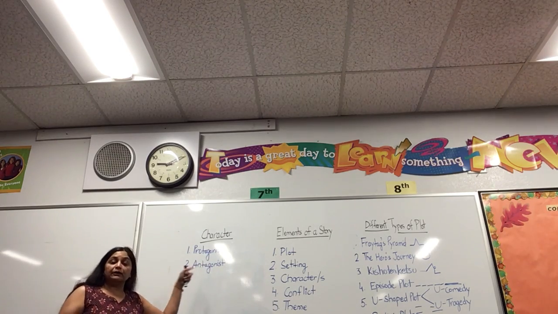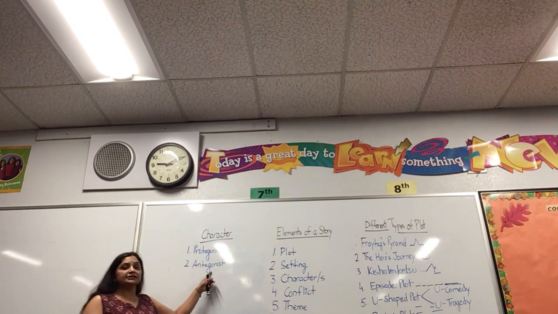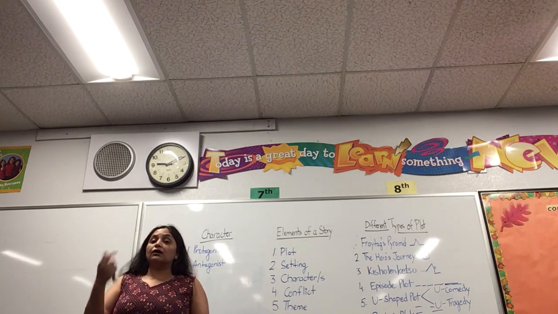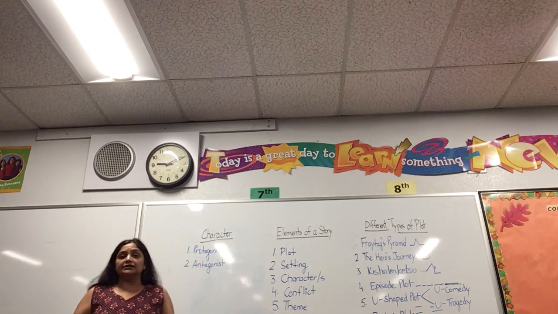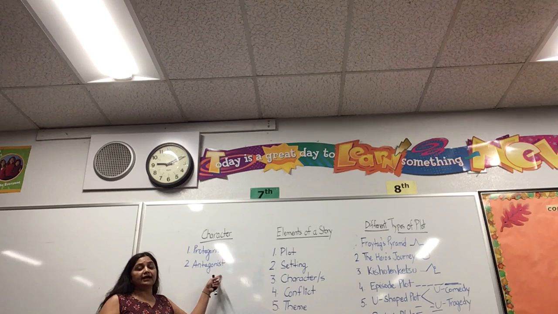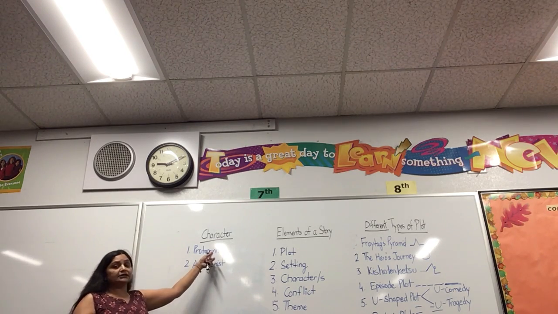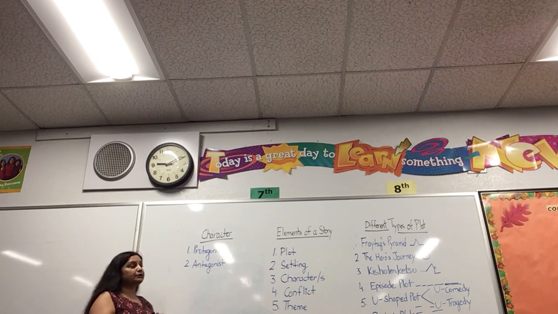So if we talk about the story of Cinderella, who is the antagonist? The stepmom and stepsisters, right? Because they are always after her, asking her to do chores and treating her badly. So in Cinderella's story, the antagonists are the stepmom and stepsisters. So the protagonist is the goody goody, positive person. The antagonist is the negative person.